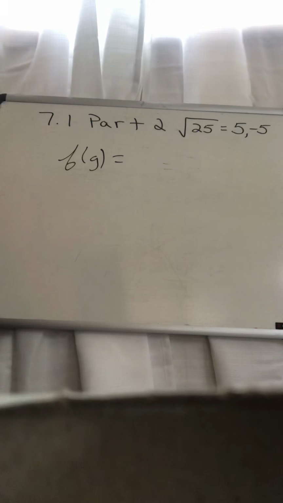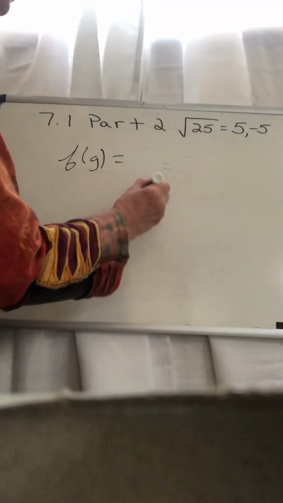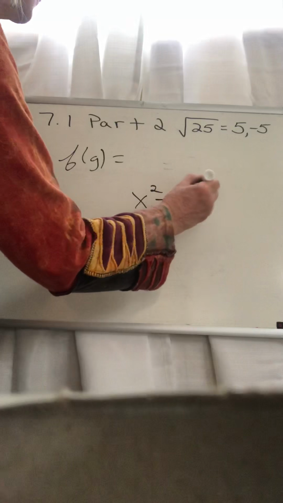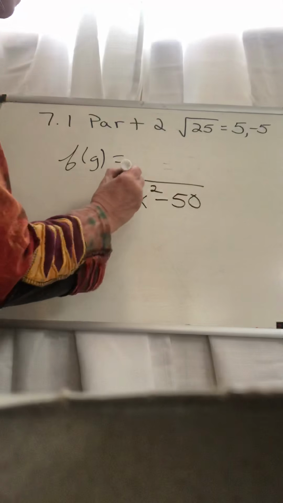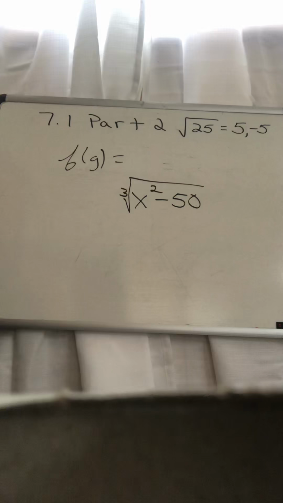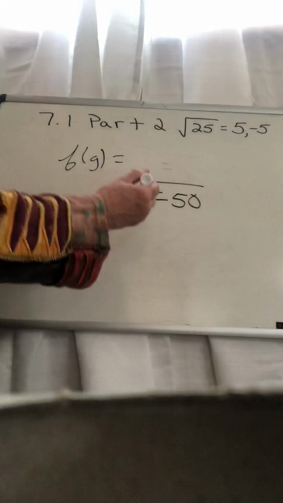And then example 2, we have x squared minus 50. And again, we're finding the cubed root. And so g is equal to 7. This is another function.